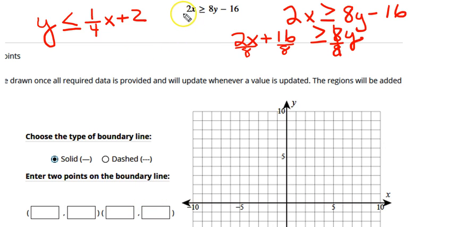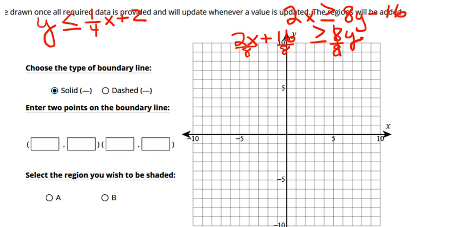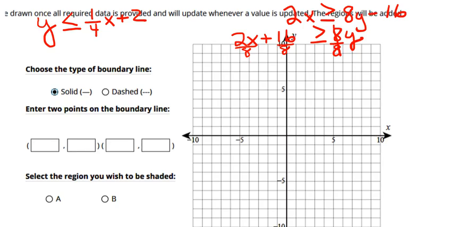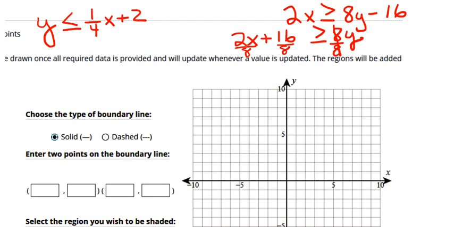So now that we have this equation, I'm going to raise it up a little bit here. Now, one of the items they ask us to do first here is, for this inequality in graphs, what kind of line do we use?